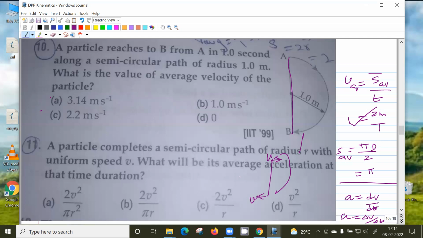So the change in velocity is 2v, and the time duration is half the path, so it's pi r by v. So the acceleration will be 2v square by pi r. That's option B.